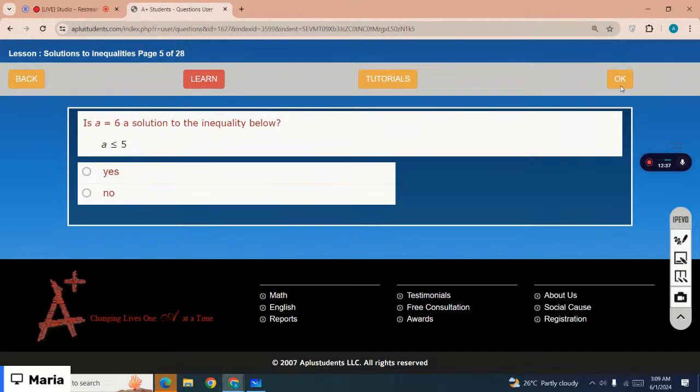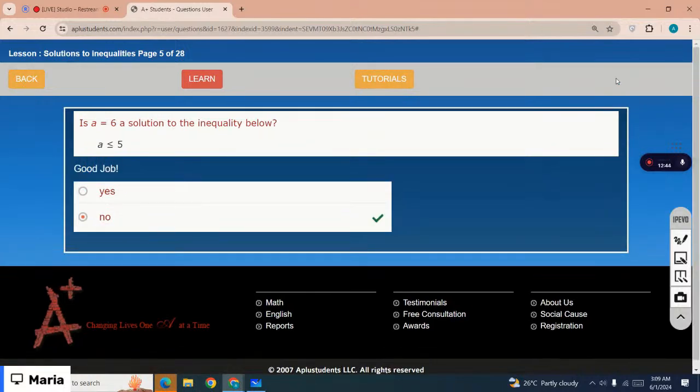False. 6 is greater than 5. So the correct option is no.